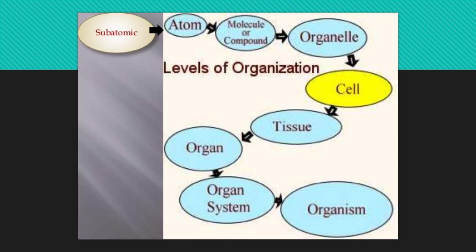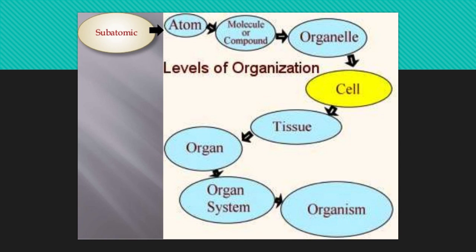A bunch of organs working together makes up an organ system. We talked about the digestive system today. The digestive system is an organ system. Okay, so all these different systems that we'll talk about in the coming days, they're all a different type of organ system. And all of those organ systems working together makes up an organism.